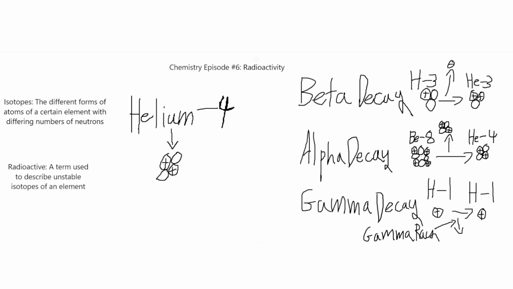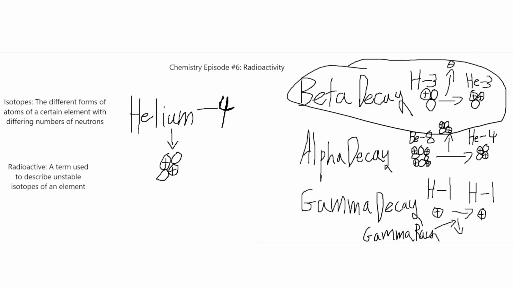And I think that's going to be it for chemistry episode number 6, radioactivity. The key things to take away: isotopes are the different forms of an element with different amounts of neutrons, which is what makes them different. To denote an isotope, this number is just the atomic mass. Beta plus decay is a proton turning into a neutron.